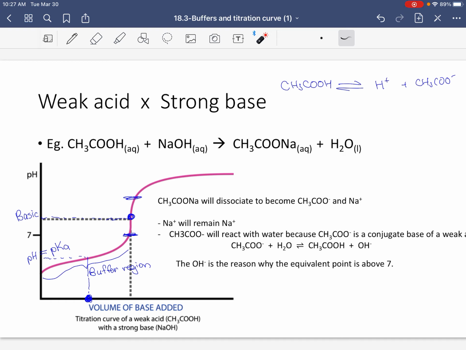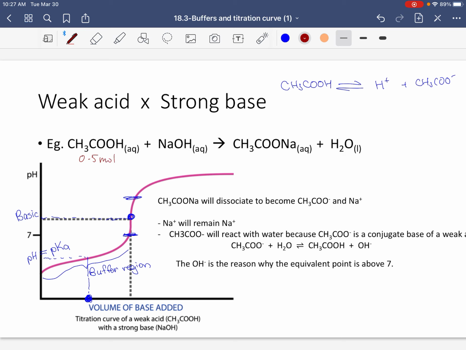Not only is that important, but another important factor is that at this point, when you add half the amount of equivalent volume, this is a very good buffer. That's why this is called the buffer region, because at this point, you can make a very good buffer, which makes perfect sense. Let's say you have 0.5 mole of this to start with.